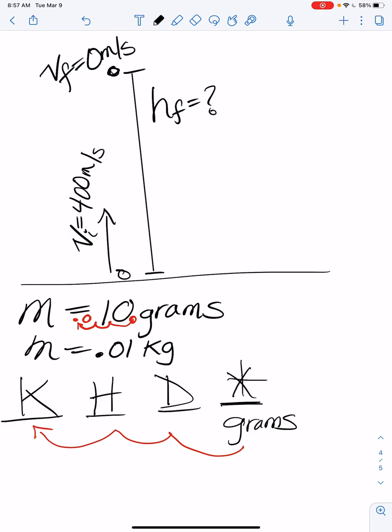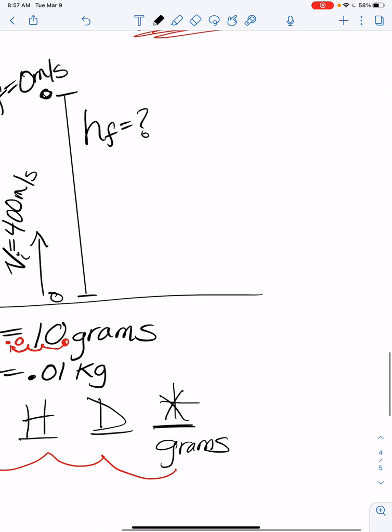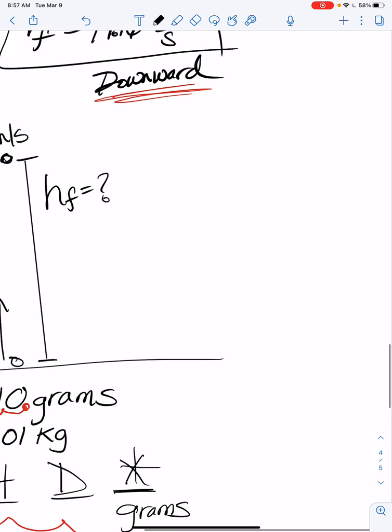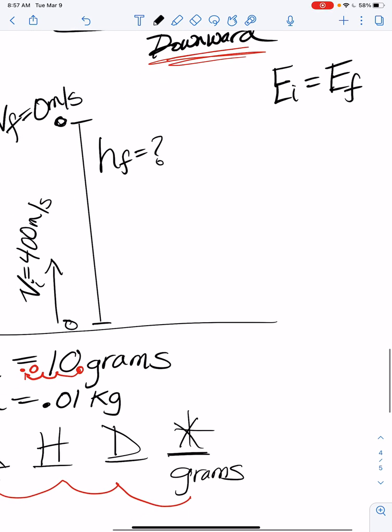All right, so this is pretty straightforward. It's kind of a reverse of the last problem in a way, right? So I'm going to start here by writing my energy initial is equal to energy final. I see that initially, the two types of energy we were talking about were KE initial and PE initial.